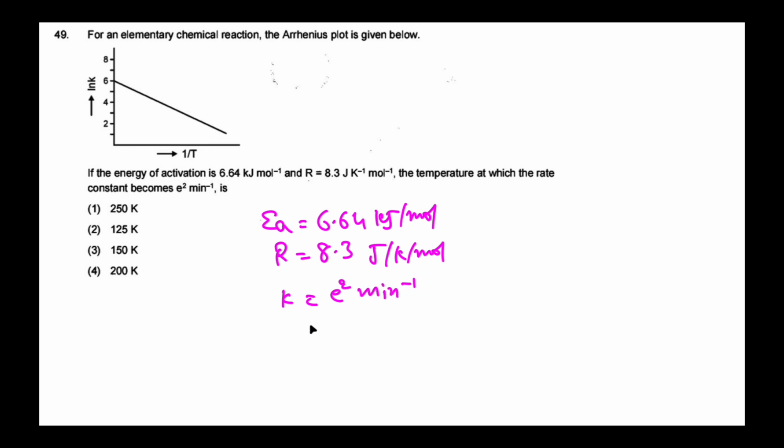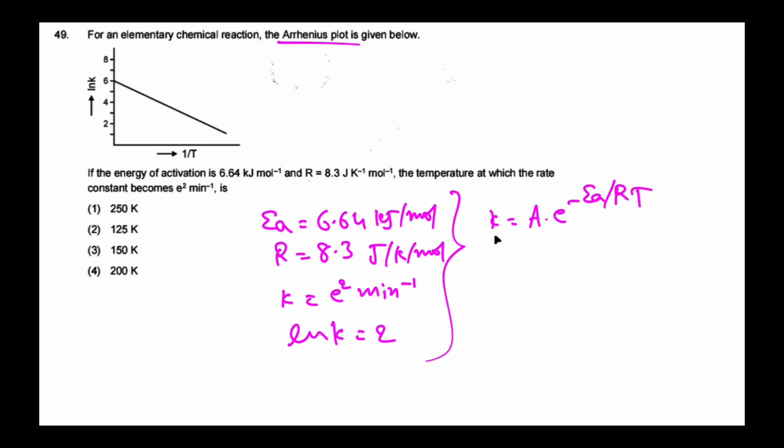What is the meaning of that? ln K is equal to 2, then only this becomes e square. So here we use the Arrhenius equation, K is equal to A into e to the power minus Ea by RT. Take natural logarithm on both sides: ln K is equal to ln A minus Ea by RT.